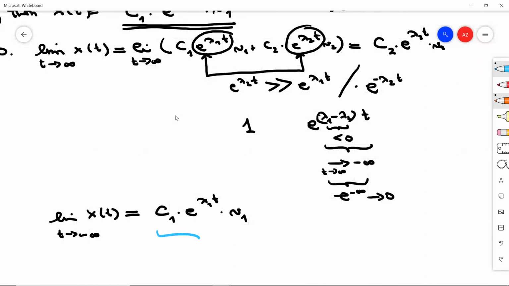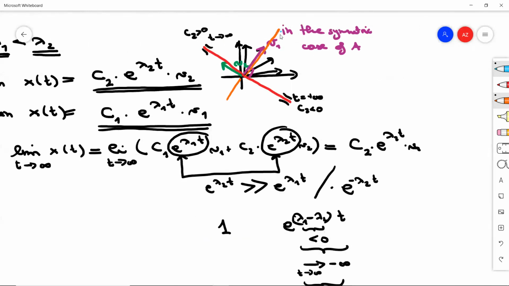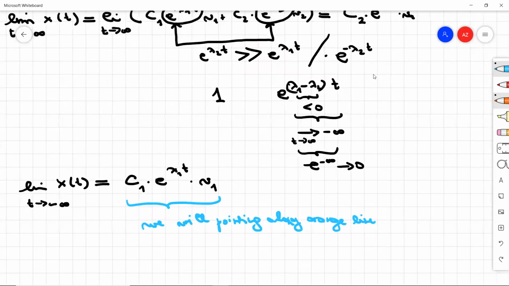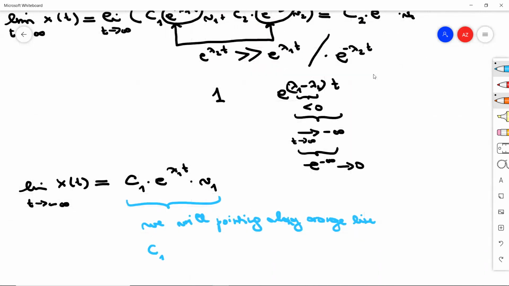So C1 times e to the power of lambda 1t, as t goes to minus infinity.